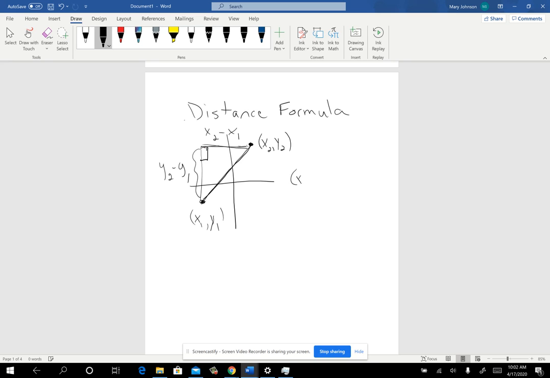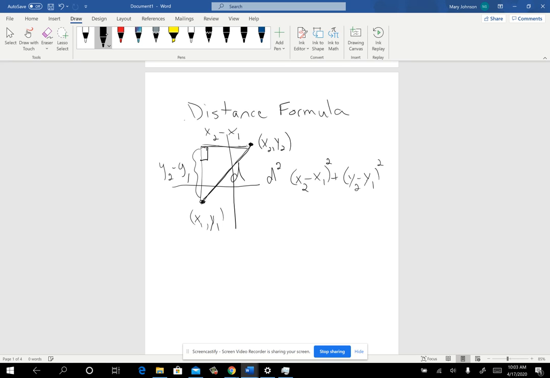If you took the x2 minus x1 and squared it, let me write that 2 where it's supposed to be. That's a subscript, not a superscript. x2 minus x1 squared, and then y2 minus y1 squared, that would equal this. This is what we're looking for. This is the D, the distance.